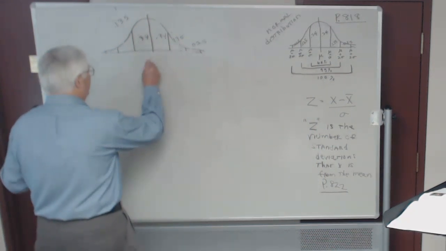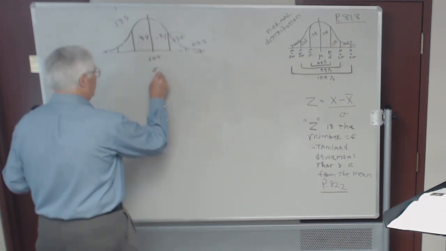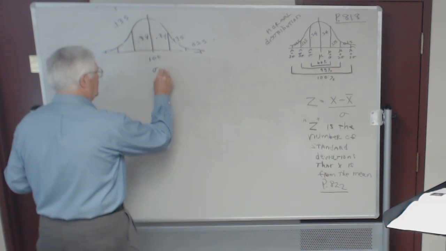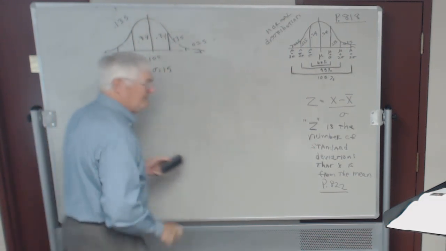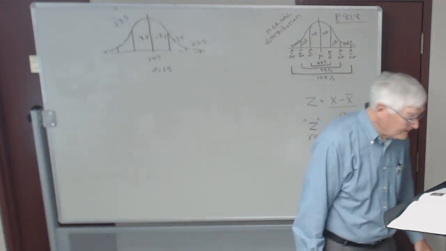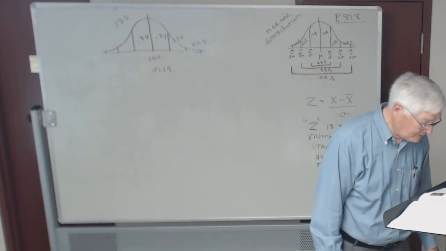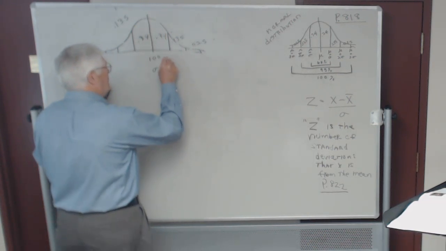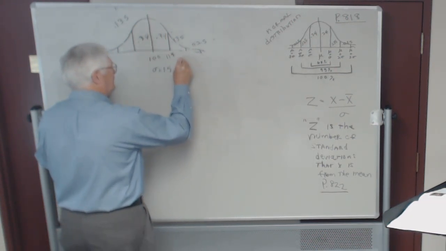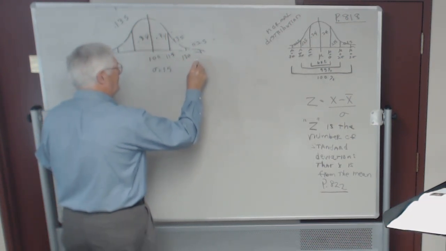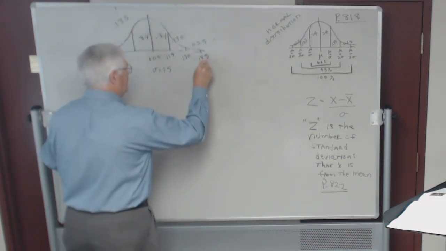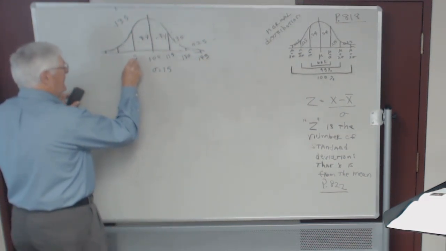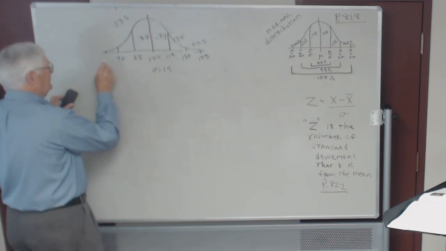A mean of 100, and the standard deviation of 15. So if this is 100, what's this one? 115. What's this one? 130. What's this one? 145. What's this one? 85. What's this one? 70. What's this one? 55.